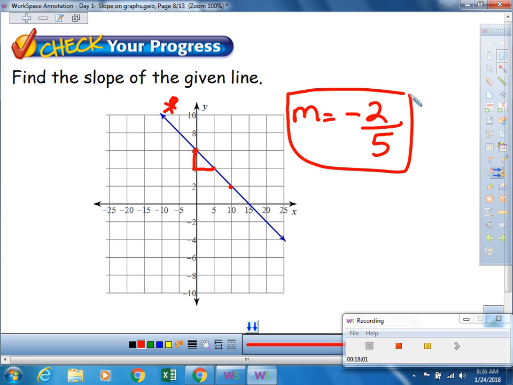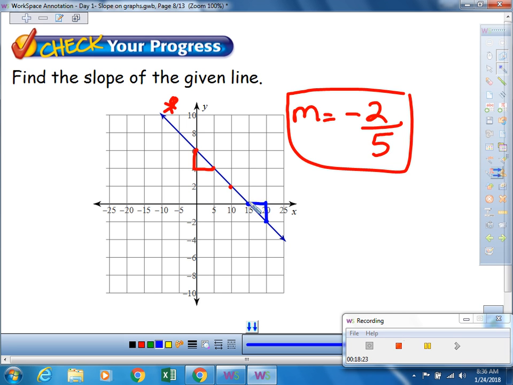Okay. Now, guys, on the notes, it said run right or left, right? Could I take these 2 points and technically go up and to the left and get the same?